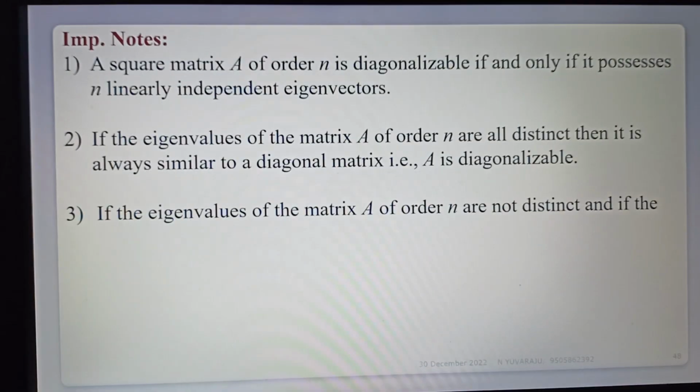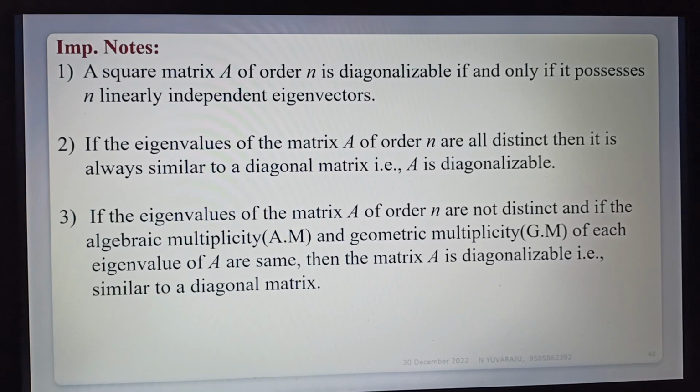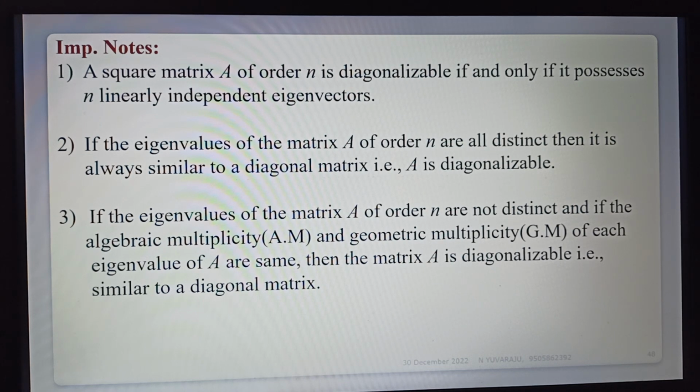Next one: if the eigenvalues of the matrix A of order n are not distinct, and if the algebraic multiplicity AM and geometric multiplicity GM of each eigenvalue of A are the same, then the matrix A is diagonalizable, that is, similar to a diagonal matrix.